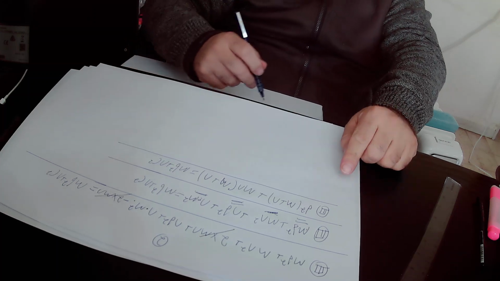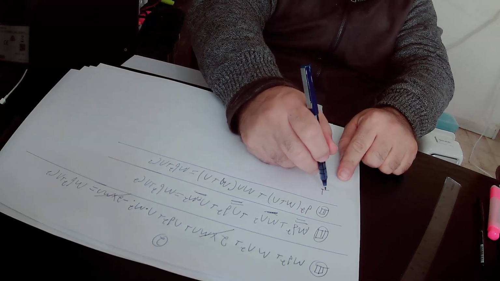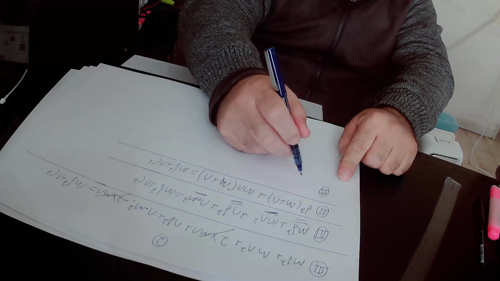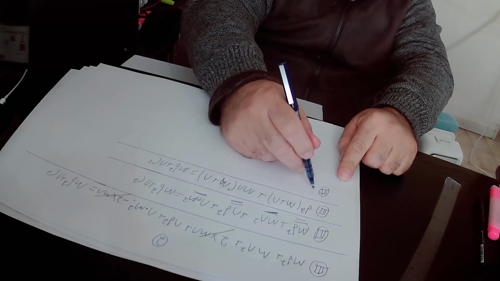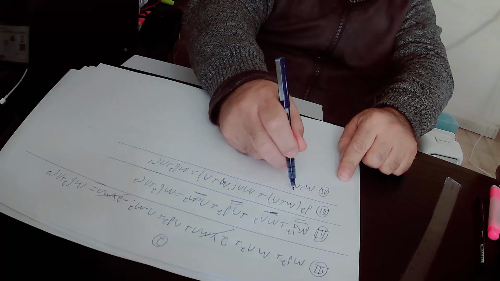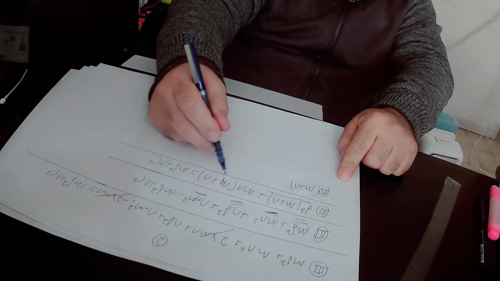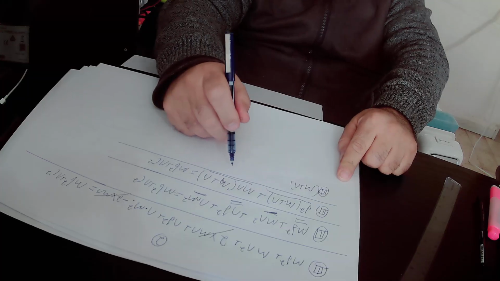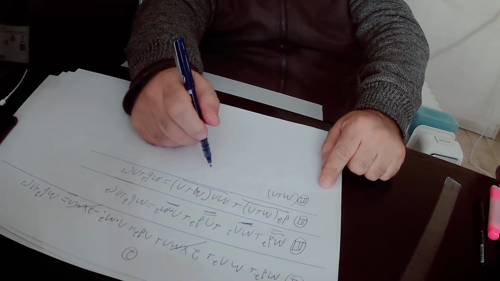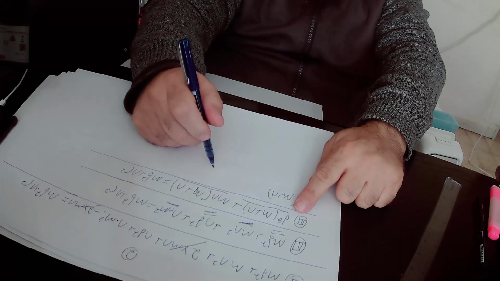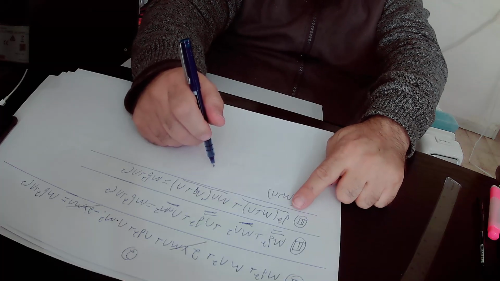The next step, we will take m plus n out as a common factor from this expression and from this expression. So what is left from this expression after we took from it this m plus n as a common factor?